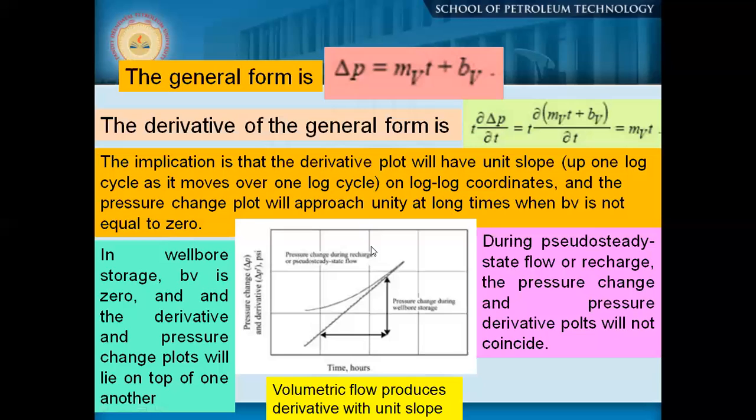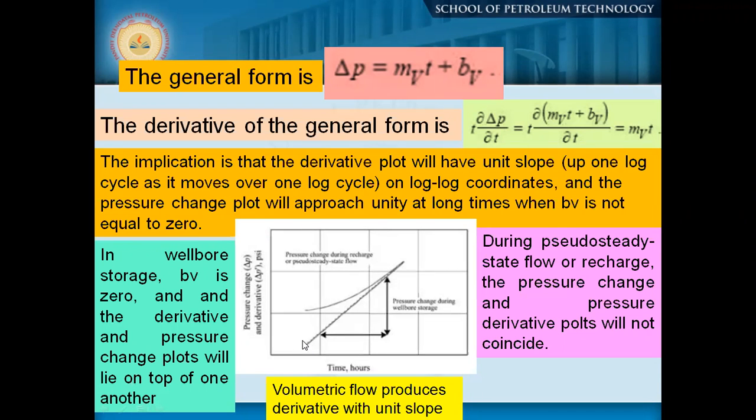So that means we have two proper characteristics here. If you see, this is actually the pressure response and this is the derivative response, okay. So that means in a wellbore storage BV is 0 and the derivative and the pressure change plot will lie on top of one another.